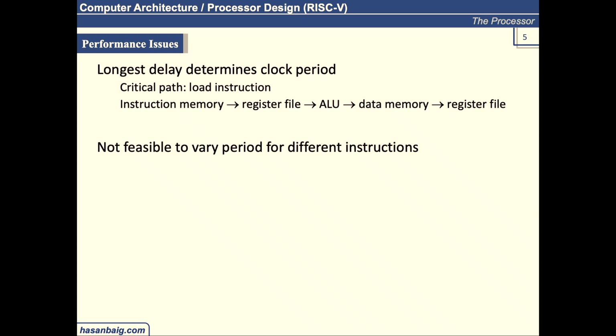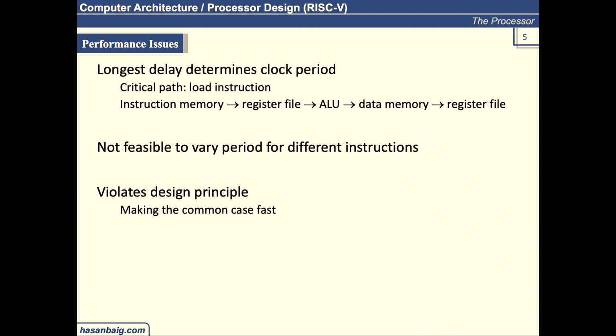So if it is 800 picoseconds, it will keep generating the signal 1 and 0, every 400 picoseconds to complete the 800 picosecond cycle. So we cannot vary the clock period for different instructions, which violates the first design principle that we studied in chapter 1: making the common case faster.